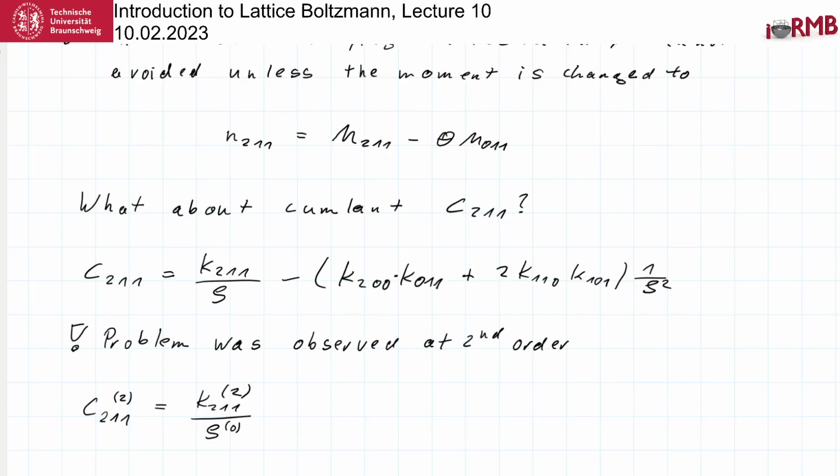Otherwise, this doesn't have any first order, so this will be 0 order. K200 now to 0 order times K011 to second order. You remember the sums in each term, the sum of all the orders have to be the same, unless, of course, you are dividing, then it would be minus.